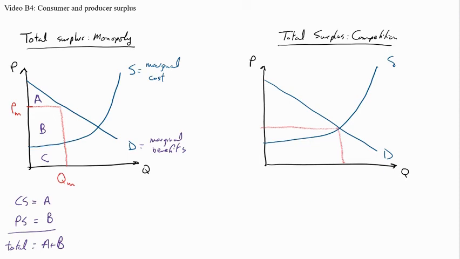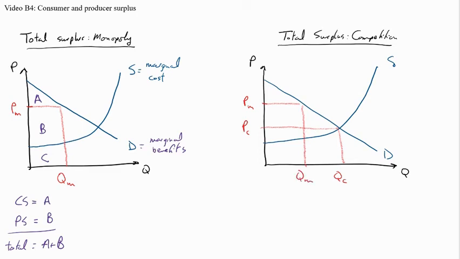I'll label these as P sub C and Q sub C to be clear that we're talking about the competitive outcome. Let's also add in the outcome with monopoly, P sub M, that chosen by the monopolist. We again go over to the demand curve and drop down to see the amount purchased at that price.